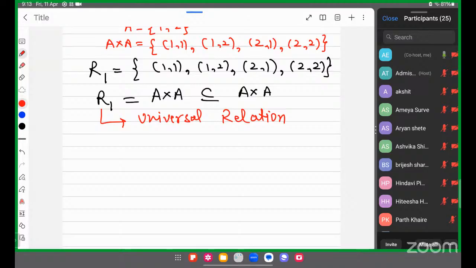For example, let's say we have a relation R which is defined on set A. Set A is the set of students of ADCI, and the relation goes like this: x comma y such that the difference between the height of x and y is less than 10 meter.